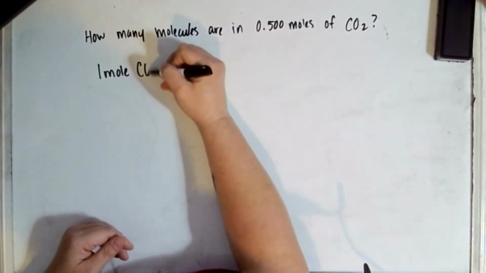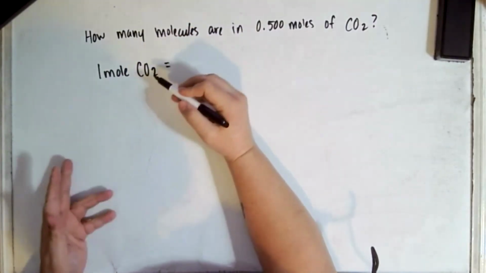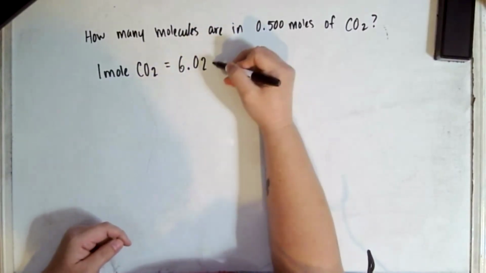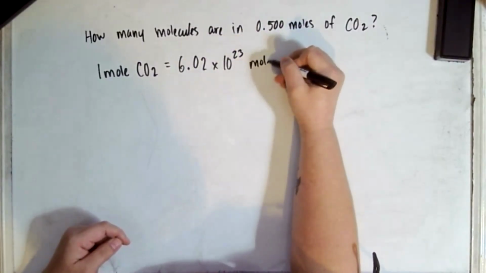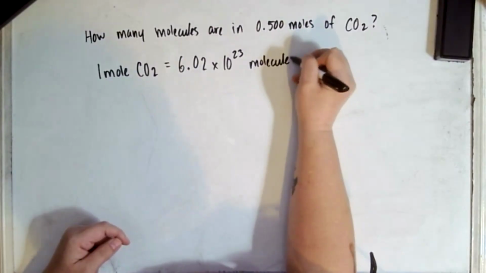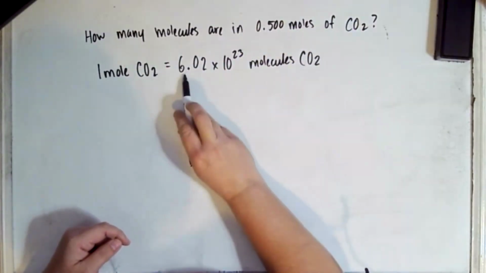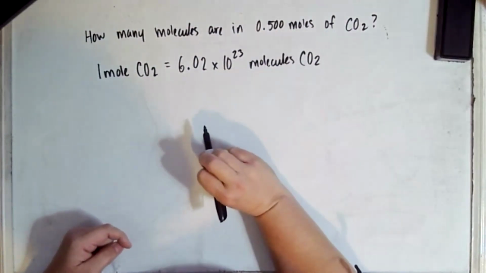If we have 1 mole of CO2, and CO2 is a molecule, that means we're going to have 6.02 times 10 to the 23 molecules of CO2. So 1 mole means that we're going to have 6.02 times 10 to the 23 molecules of that substance.